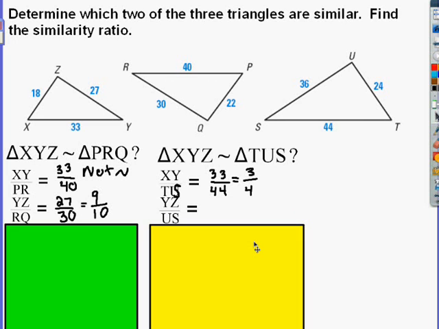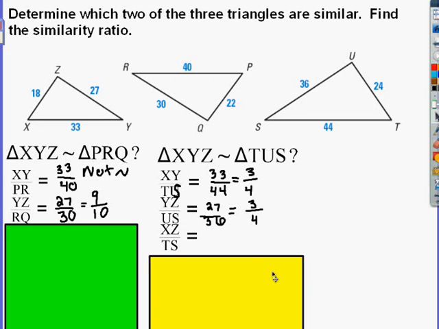The next set of corresponding sides, YZ. So I'm looking at the next largest side, would correspond with US. So if I look at YZ, that is 27 over, let's see, US, which is 36. What goes into both? Well, 27 and 36, 9 divides into both. 27 divided by 9 is 3. 36 divided by 9 is 4. So again, I get 3/4.